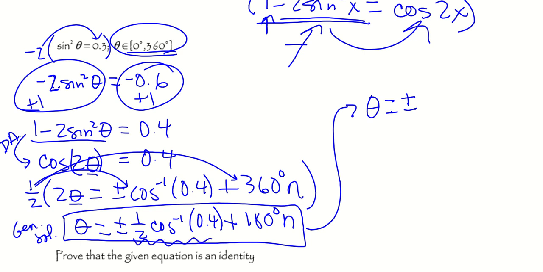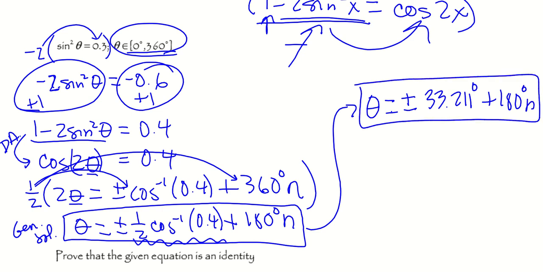So plus or minus 1/2 times the inverse cosine of 0.4, which is about 33.211 degrees, plus my 180 degrees n. So that's my general solution as well. And for my particular solutions, theta equals negative 33.211 does not fall in this domain, but positive does. So I got 33.211 degrees.